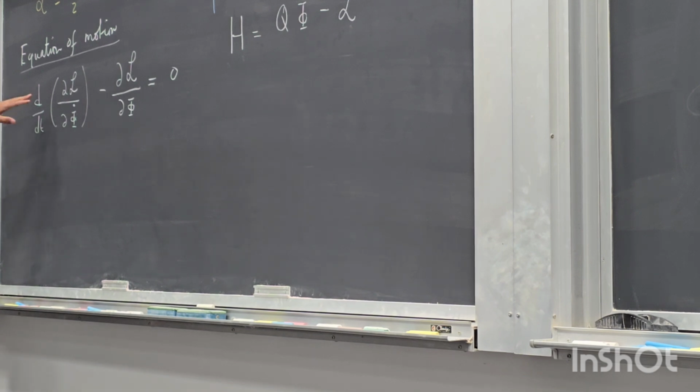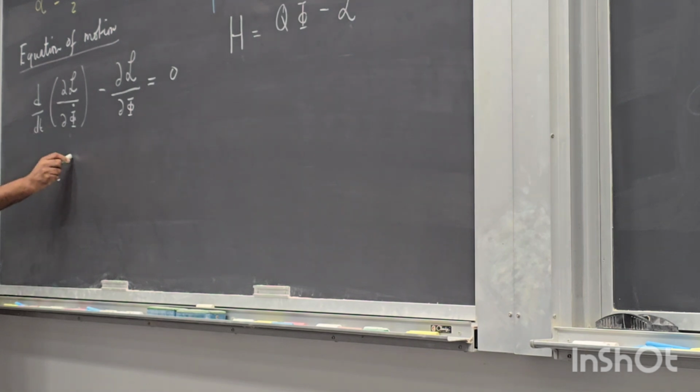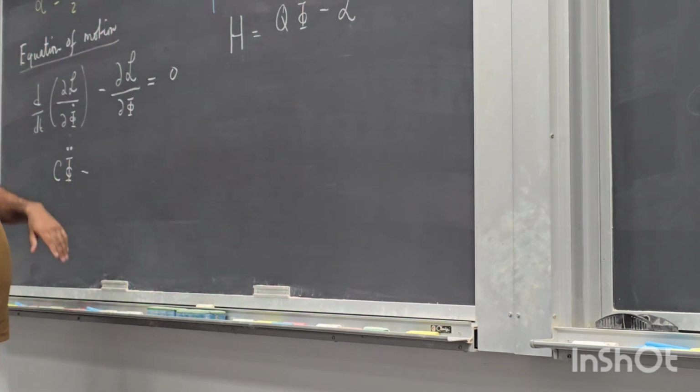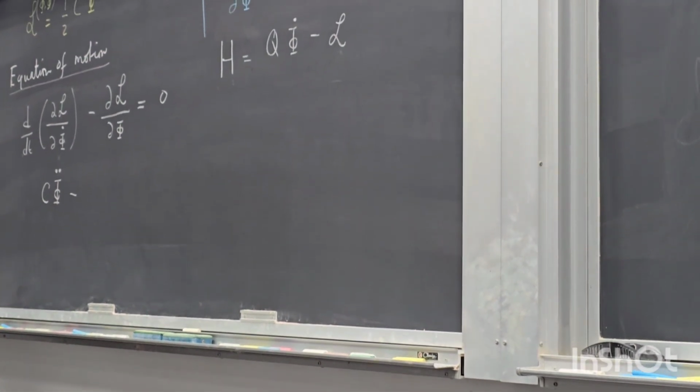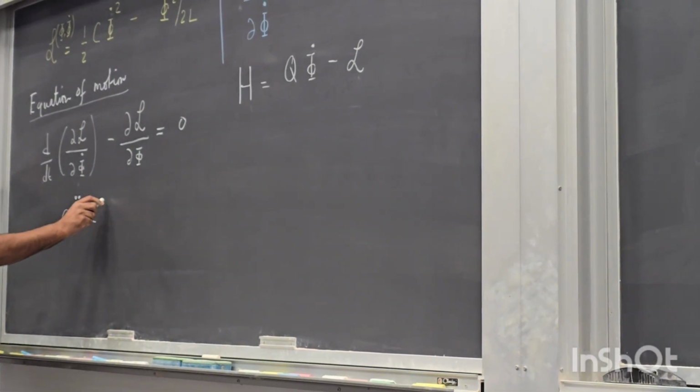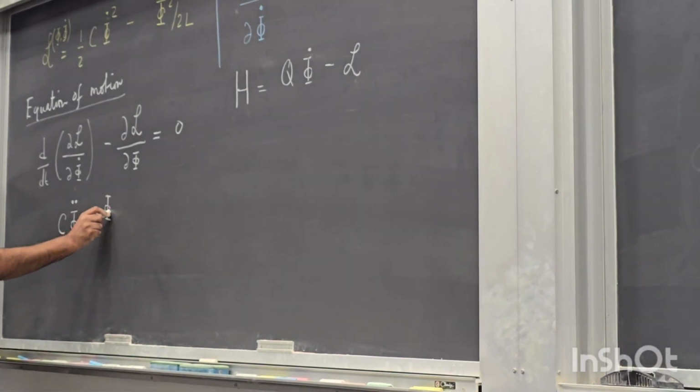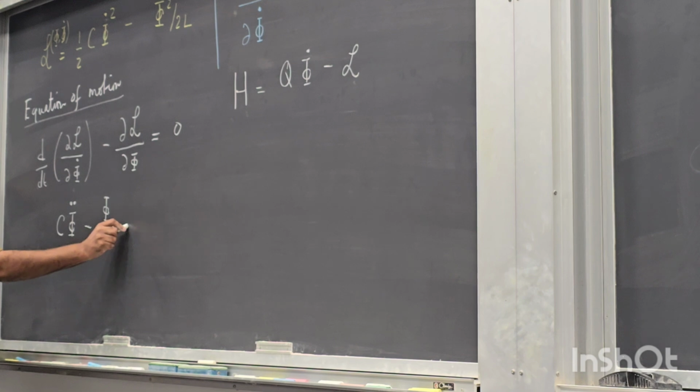So if I take this Lagrangian over here and find the derivative with respect to phi dot, this will be C. The derivative with respect to time gives me a double derivative minus the derivative. Phi and phi dot are now independent variables. The derivative of L with respect to phi is phi over L, equal to 0.